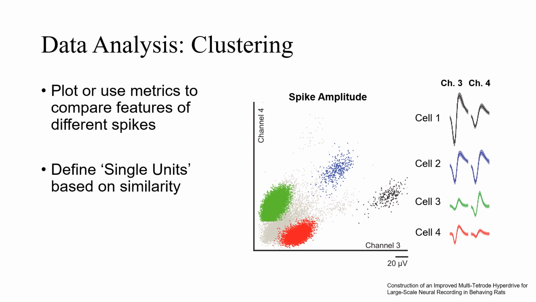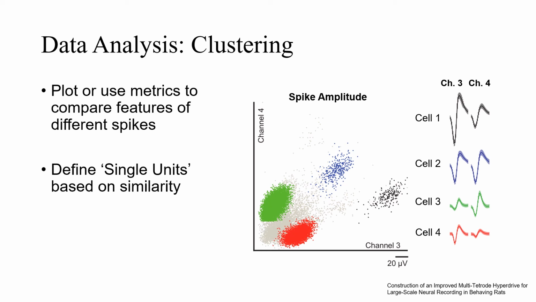After collecting features of every spike, one can compare them using 2D or 3D plots, or using different metrics that measure similarity, boiling it down to a number. This plot shows the amplitude of spikes from 4 identifiable neurons on 2 nearby channels on a tetrode, amplitudes recorded on channel 3 on the x-axis versus those on channel 4 on the y.